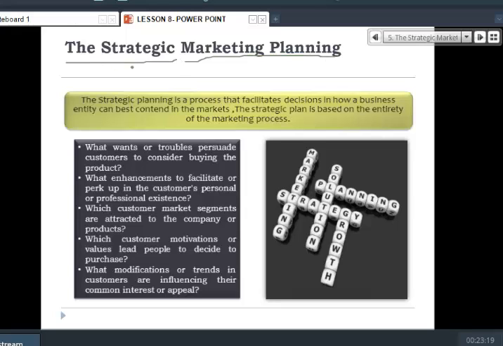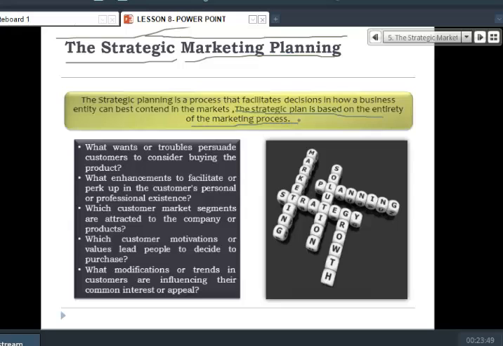It's very simple. You can add to the previous definitions one word that can give you the mark for the strategic marketing plan definition. What is it? The word here is that the strategic plan is based on the entirety of the marketing process.